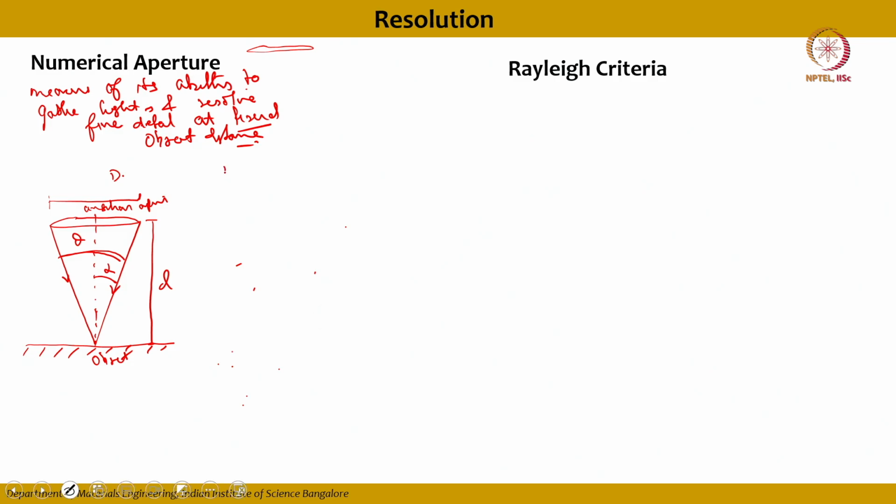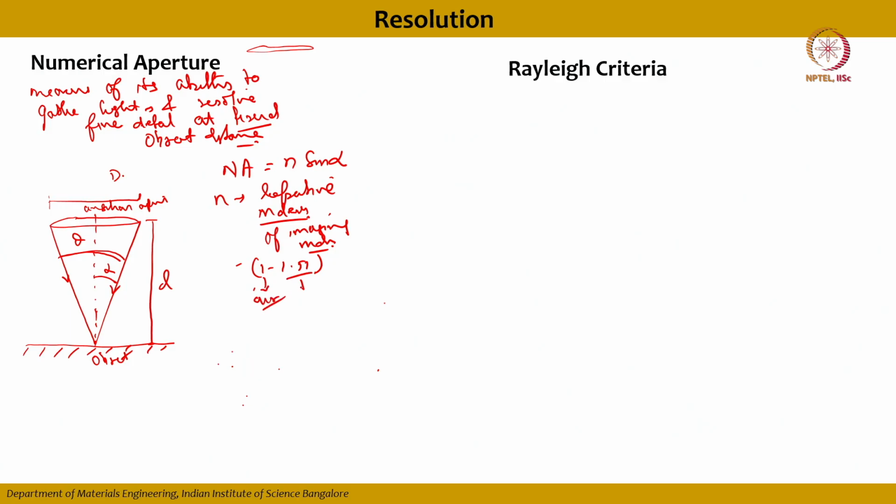And this has to be converted to the numerical aperture. So usually the NA, numerical aperture, is given by n sin alpha. Here the n corresponds to the refractive index of the imaging medium. Okay, and usually it varies from 1 to 1.51. 1 is for air, 1.51 is for oils.